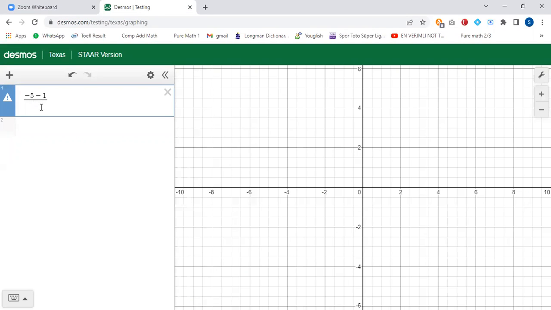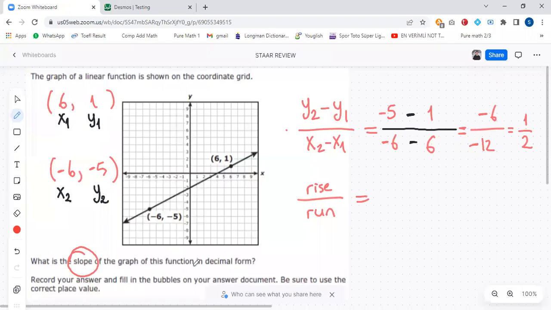As you can see, the answer is 0.5 or 1/2. Desmos or your TI inspired calculator will give you the simplest form, or if you need the decimal form, you can also convert to decimal form. The question says in decimal form, so 0.5 is the answer.